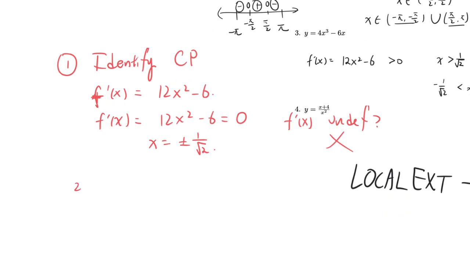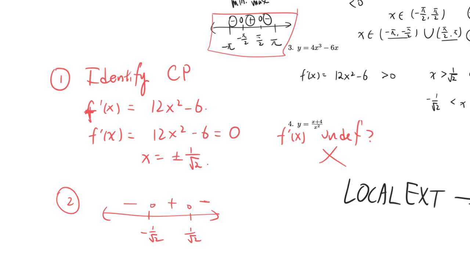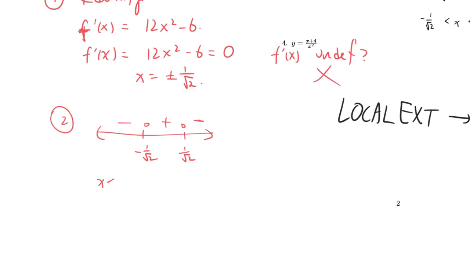For each of them, it's very convenient to have a sign chart. You could draw a sign chart and analyze the signs. This is convenient because the positives and negatives are perfectly separated by the points where you have 0, the critical points. So you could draw something like this, and you go plus, minus, plus, and at these points you have 0. When x is less than negative 1 over root 2, f prime of x is less than 0.